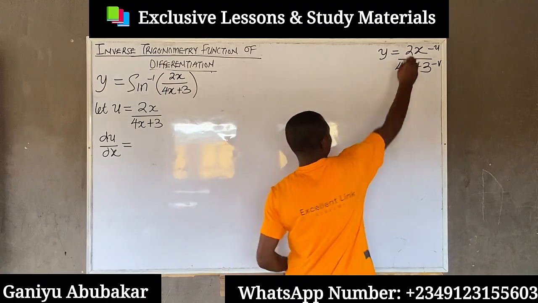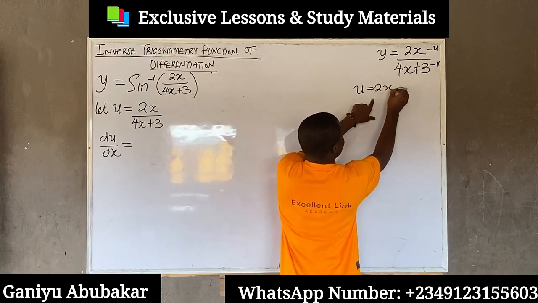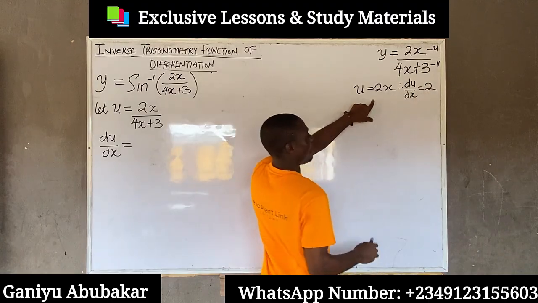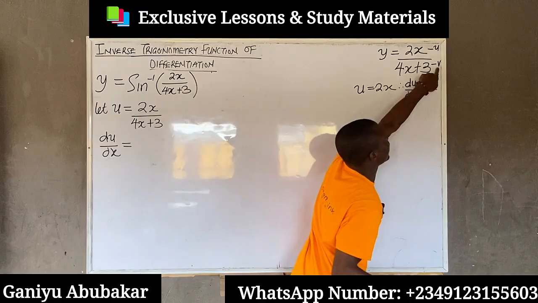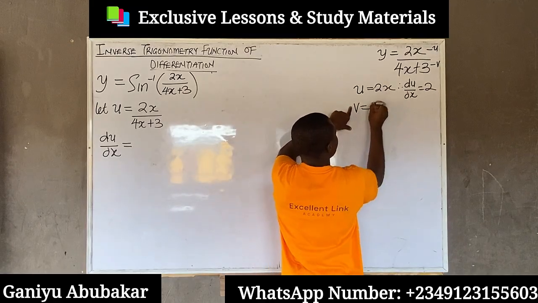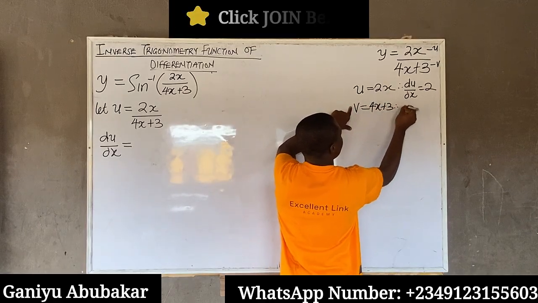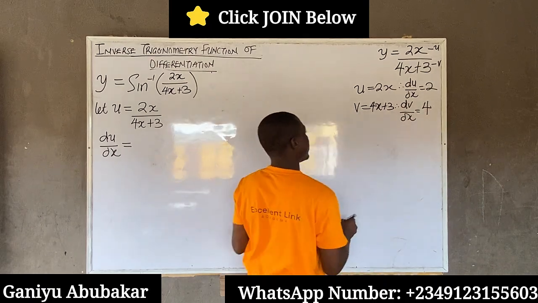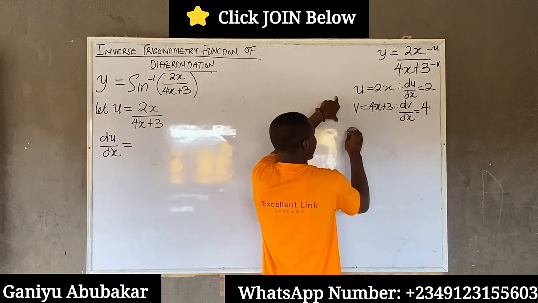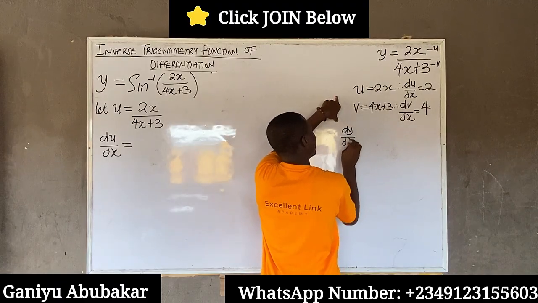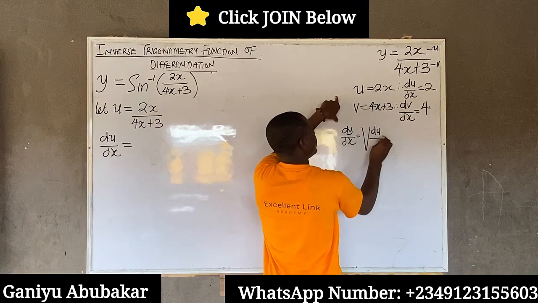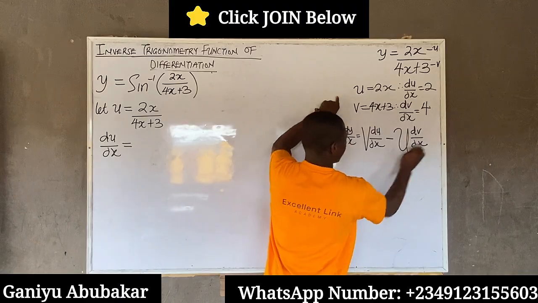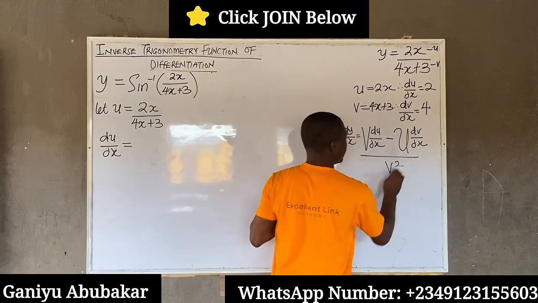So we said u is 2x, therefore du dx is of course 2. I think by now you should know the quotient rule. We said v is 4x plus 3, therefore dv dx gives me just 4. Next, using the quotient rule formula that says dy dx equals v du dx minus u dv dx, all over v squared.